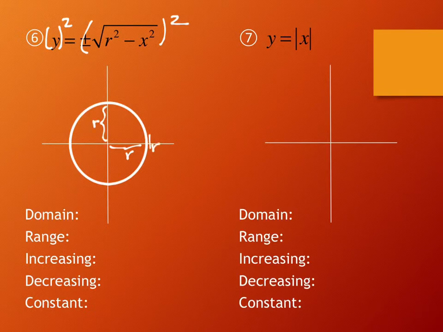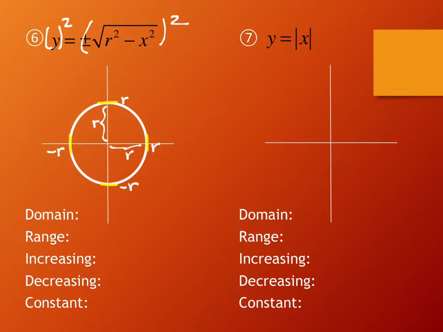So this is at r, whatever it is. Over here, we're at negative r. On the top, we're at r, and on the bottom, we're at negative r. Is that okay? So it depends on what r is. If r is 5, if r is 1/3, it doesn't matter, but it's just going to determine how far out we go.